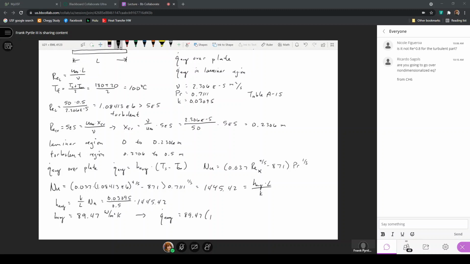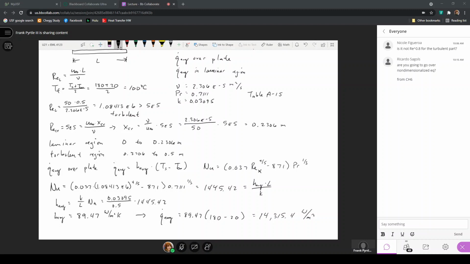The surface temperature is 180 degrees minus 20 degrees. So this average heat flux is 14,315.4 watts per square meter.